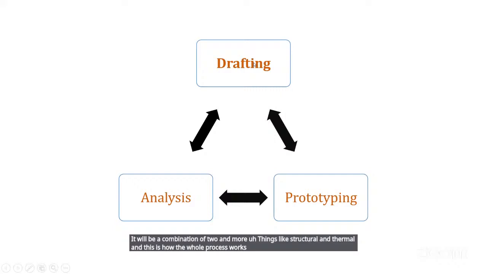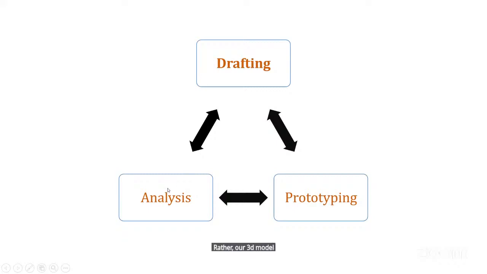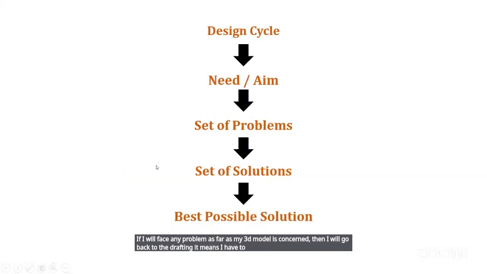First, the plan has to be there. Then the 3D model has to be there, and then the same 3D model has to be analyzed to see whether our 3D model is good enough to work or not. If I face any problem as far as my 3D model is concerned, then I will go back to the drafting. It means I have to select the second best possible solution.